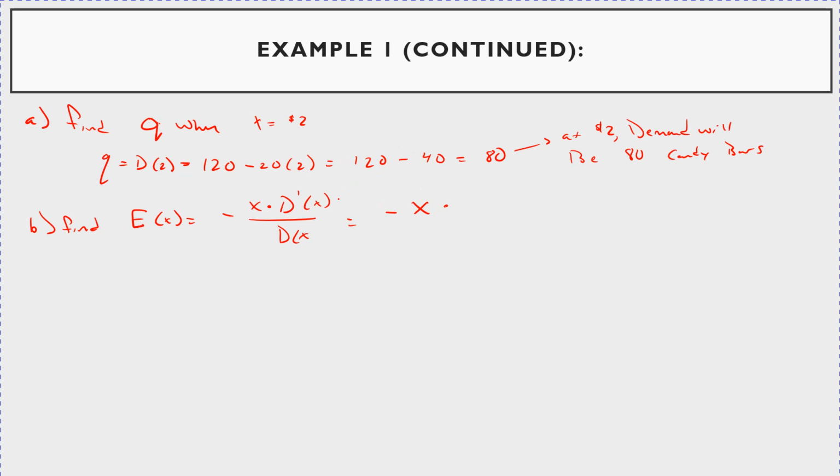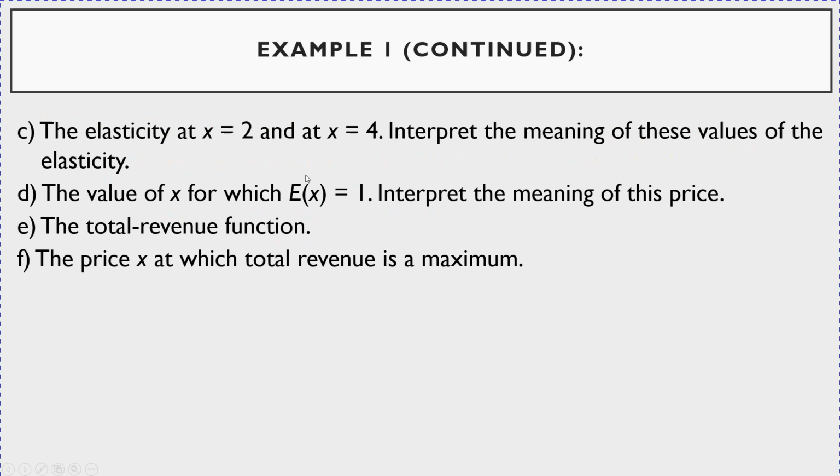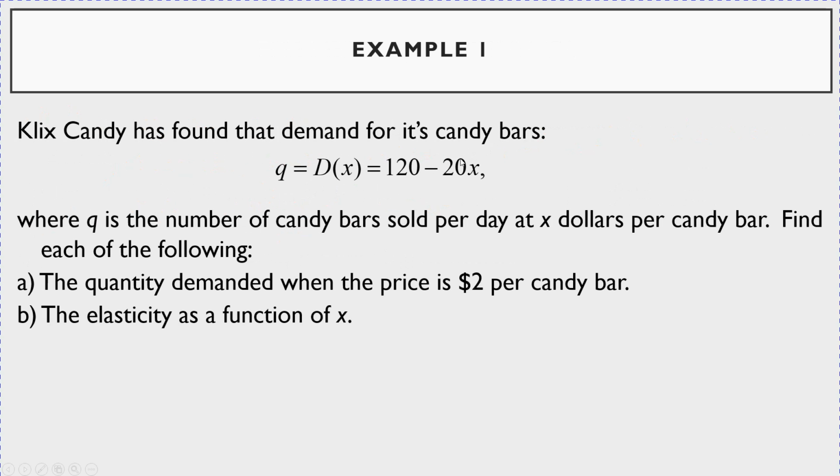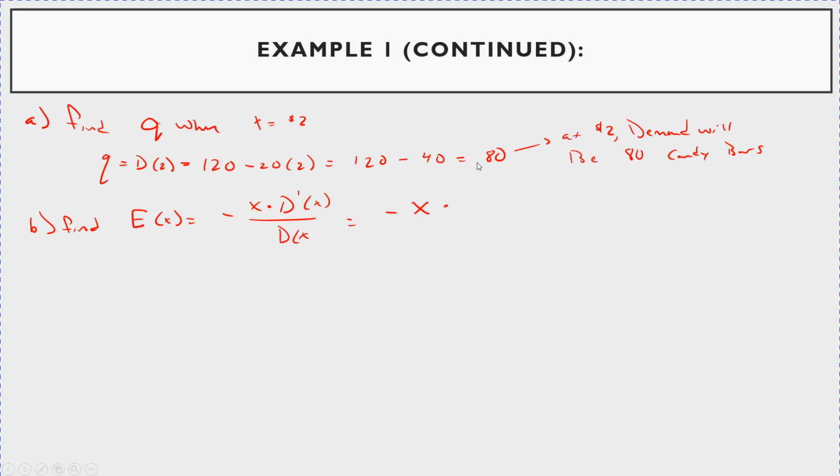This is pretty straightforward. d prime, the derivative of the demand function, is just negative 20, divided by 120 minus 20x. So what ends up happening is negative times negative, this ends up being 20x divided by 120 minus 20x.